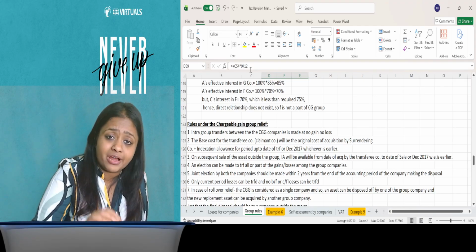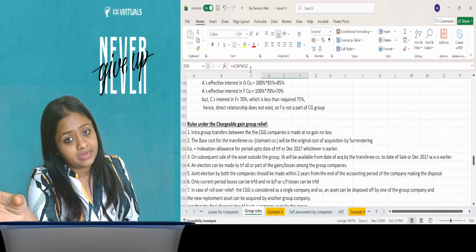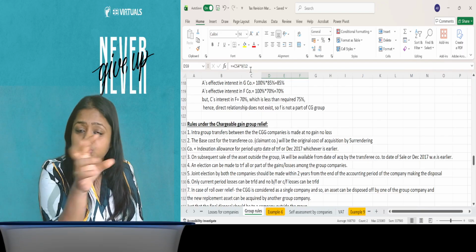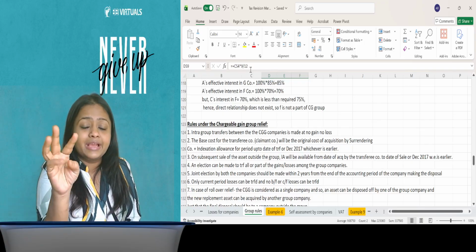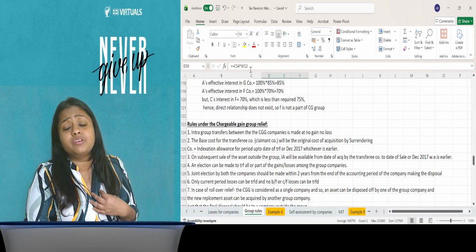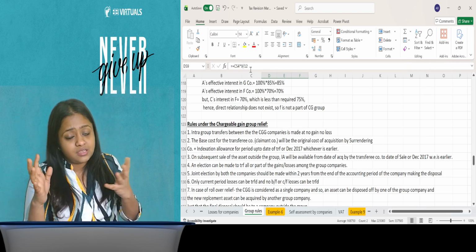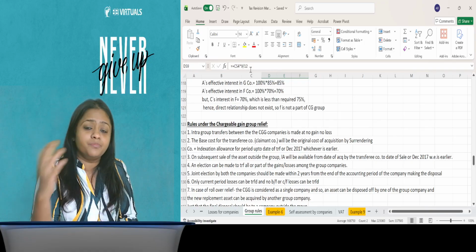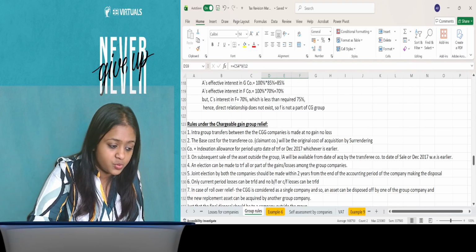Let's say A transferred a chargeable asset to B, B sold it to a third party. So B will take as cost what was the cost to A, the original cost to A. Next, it is not just necessary that we transfer the asset, we can even transfer the losses. Yes, losses can also be transferred from one company to another rather than a transfer of asset. So that can also be done.